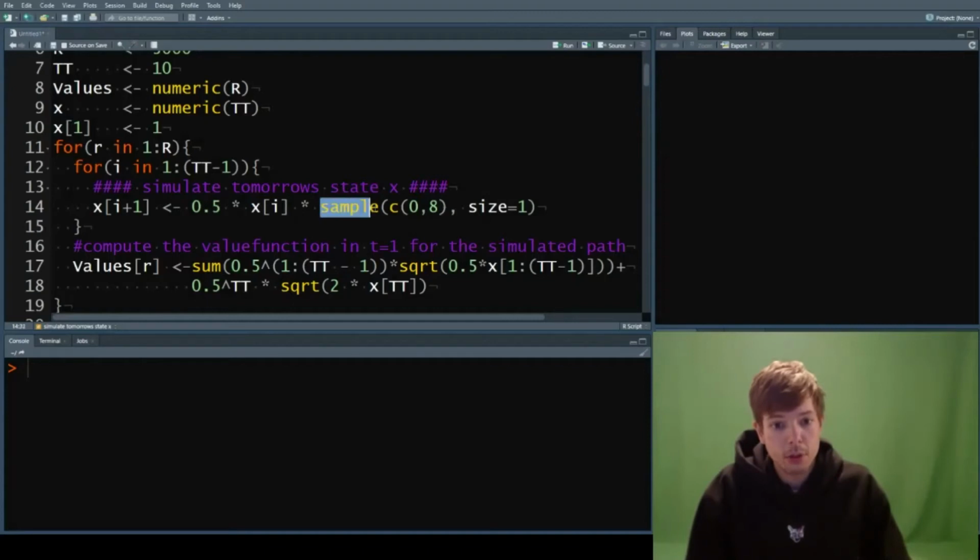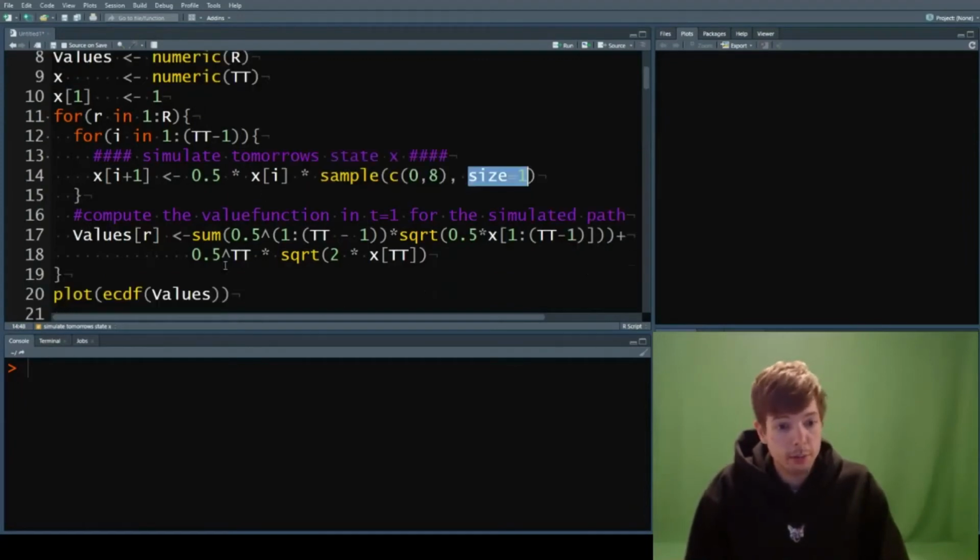Then with the sample command, we can draw a random number from any given vector. In this case, the vector 0 and 8, because either we end up with nothing or we end up with 8 times what we invested, and of size 1 because we only draw a single time in each period. Then this loop iterates from 1 to 9, and each time computes our new state based on the simulation from our old state.